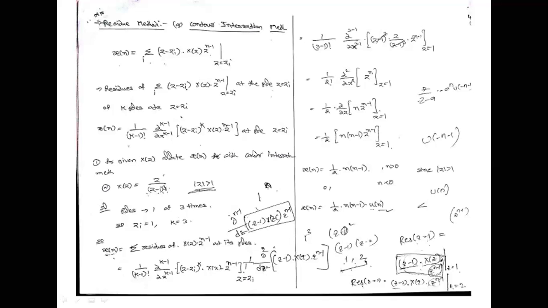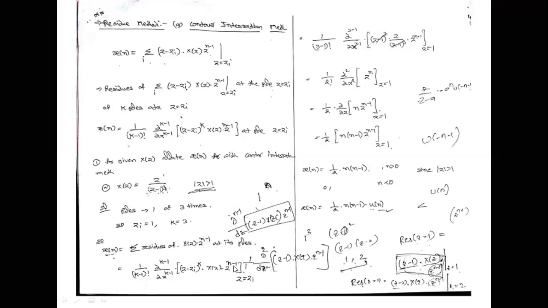But by using this contour integration method, you have to evaluate X(z), or calculate the inverse z transformation. By using the residue method, it is the sum of the residues of X(z) z power n minus 1 at its poles.